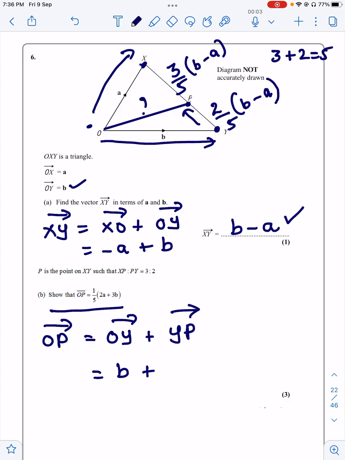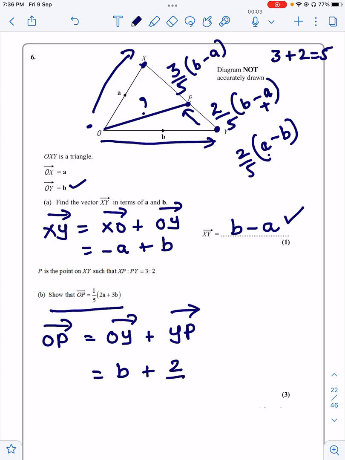So if PY is 2 upon 5 (b minus a), YP will be 2 upon 5, opposite of b minus a, which will be a minus b. How? Just check. Opposite of minus a will be plus a, and opposite of plus b will be minus b.